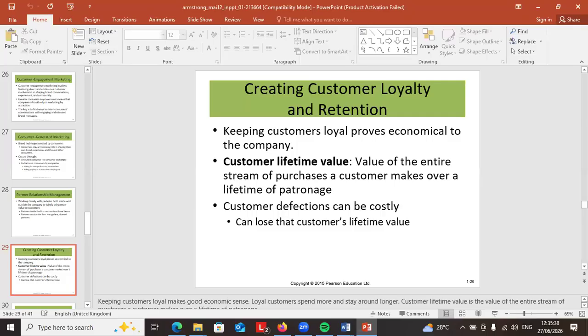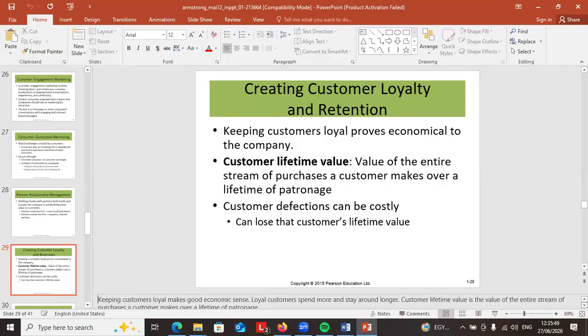Consequently, customer lifetime value as a concept is the value of the entire stream of purchases a customer makes over a lifetime of patronage. This is because customer defection can be very costly, and a corporate entity can end up losing the customer's lifetime value.